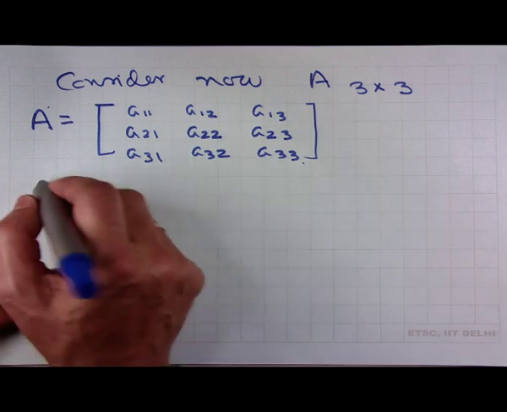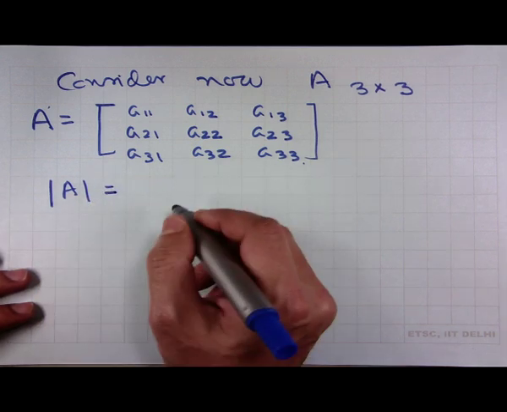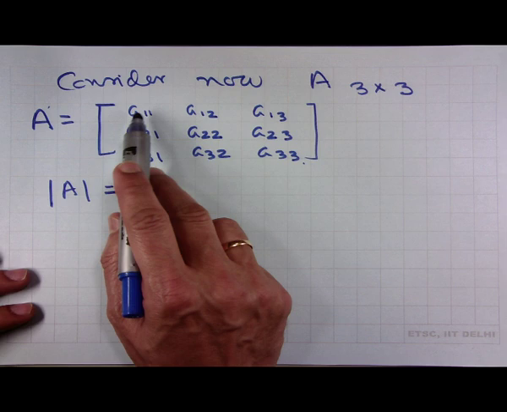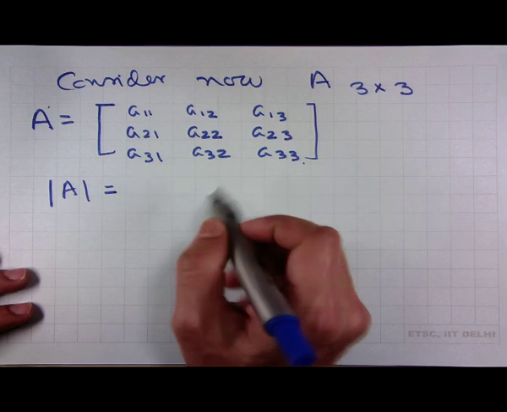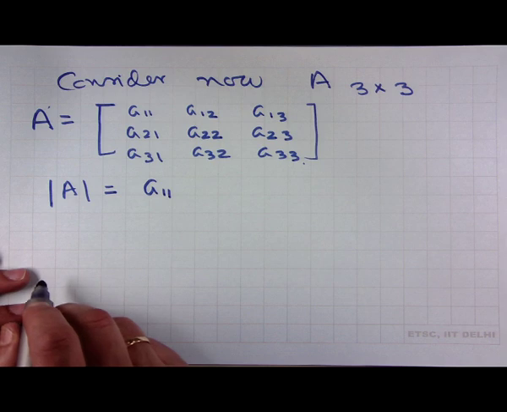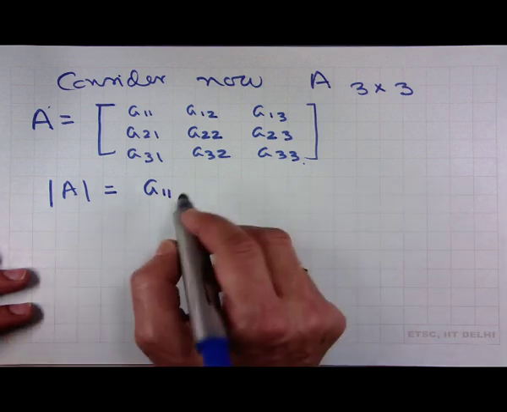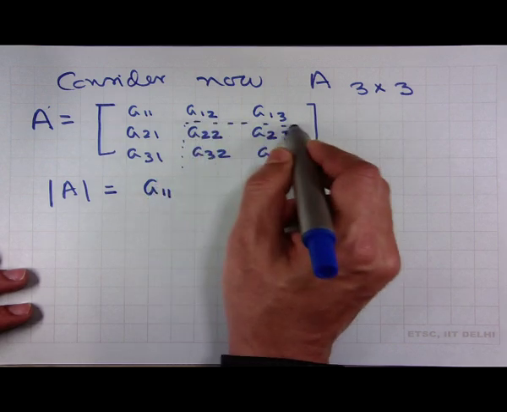In this case, the determinant of A is equal to, we will expand it around the first row. So, I consider A11 and this is to be multiplied by the determinant of this submatrix.